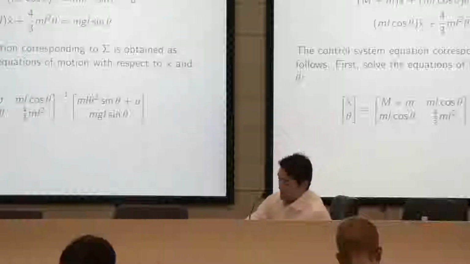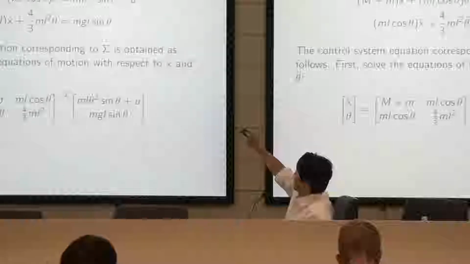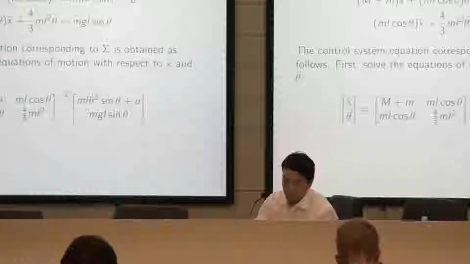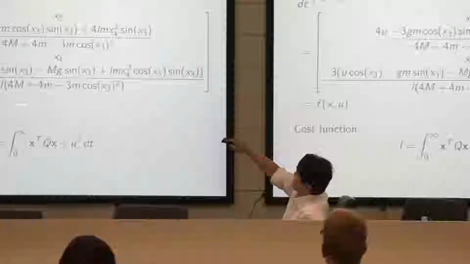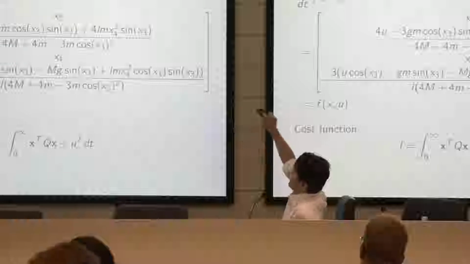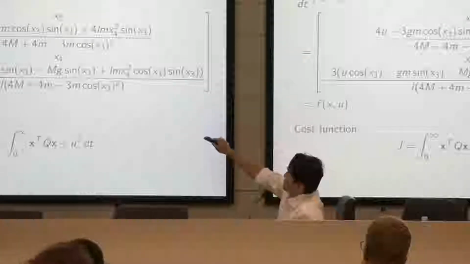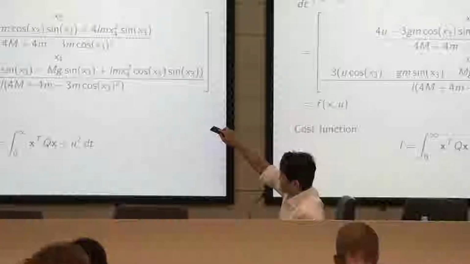Like this. Okay, solve with respect to x2 dot and theta2 dot. And the nonlinear system you get looks like this. This is U, the input force acting on the cart.